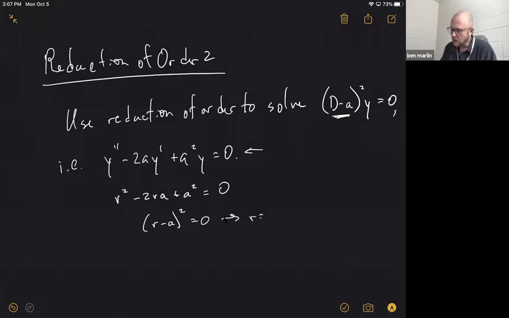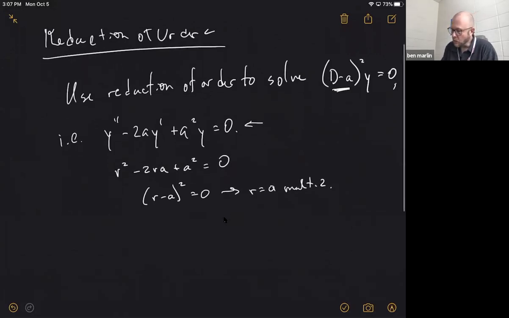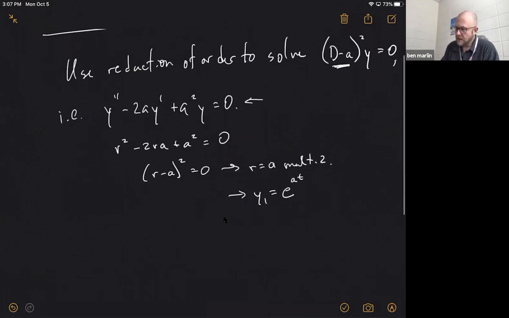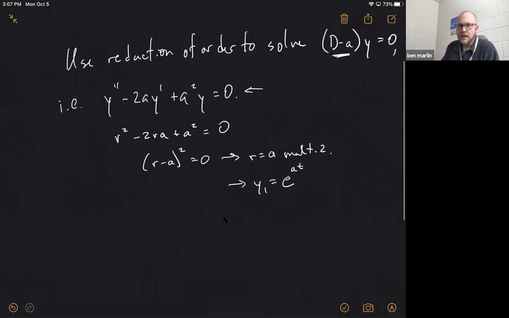And that gets you r equals a with a multiplicity of 2. Okay, so so far we've gotten the one solution that we're used to, the y1 equals e to the at, all right? And instead of going ahead and writing down t e to the at for the other solution, we're going to show how that comes about.